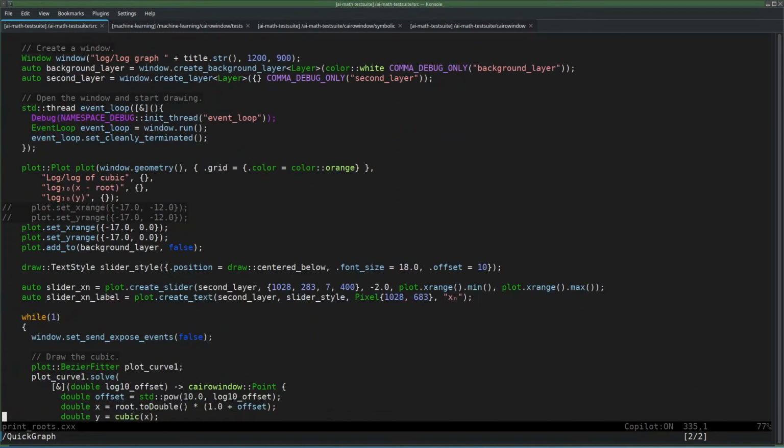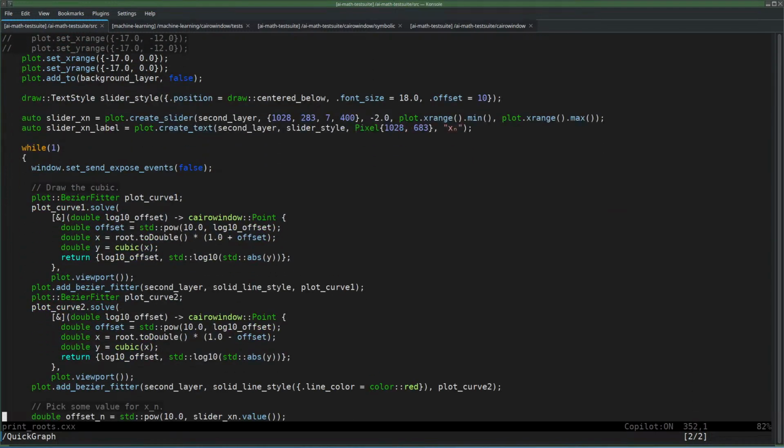Oh, the other one is not a quick graph. It's a full-blown, lots of code graph.